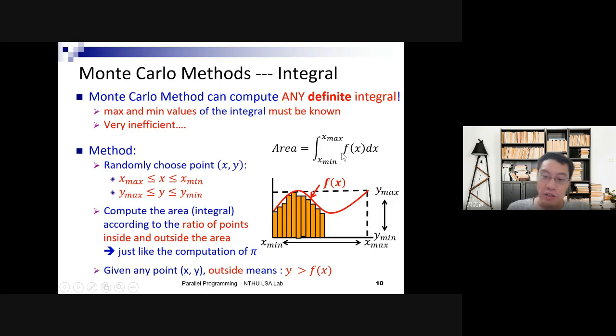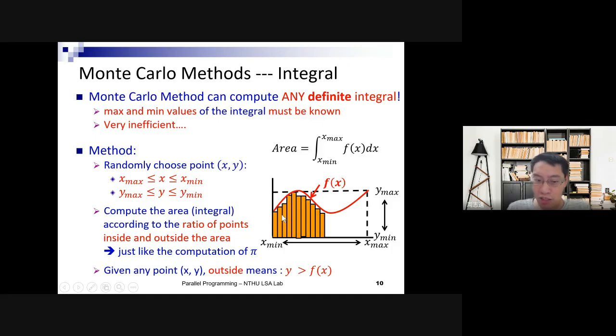So again, if we have a square or rectangle covering the whole area of your function, then by randomly generating sampling points, we can use f(x) to determine whether each sampling point is above the line or under the line.